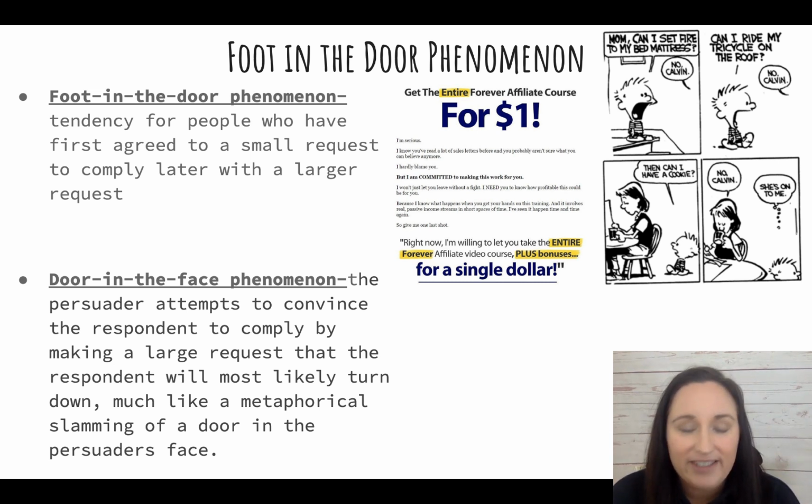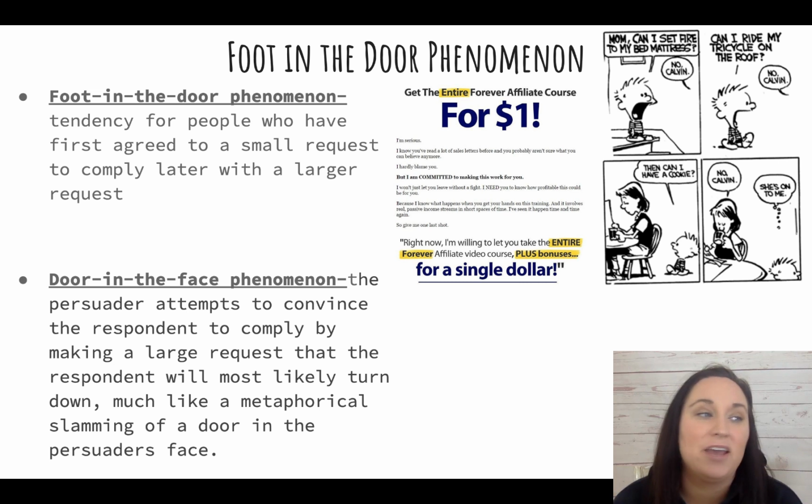Another way of persuading people using their attitudes is called the foot in the door phenomenon. This is when the person makes a very small request, one that really doesn't take a lot for the person to say yes to. For example, a car salesman might say, come by on free donut day and grab a free donut, right? Small request, you really don't have to do anything, come by, you get a free donut.